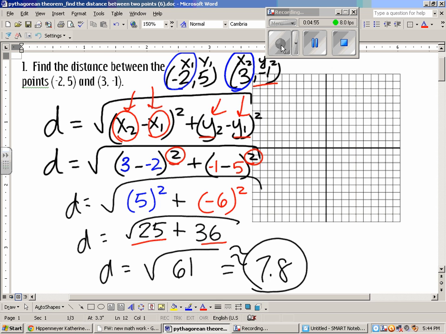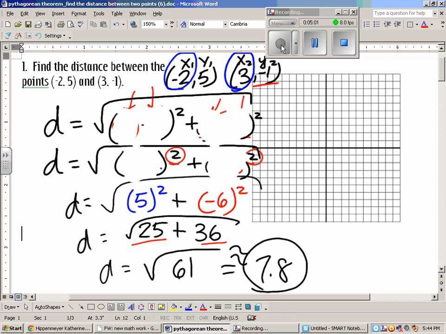Let me show you really quick that we'll get the same thing. I'm going to change this to x1 minus x2, and this to y1 minus y2. And I'll do this in green.